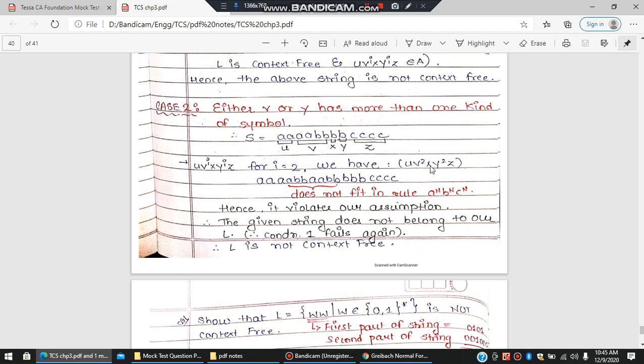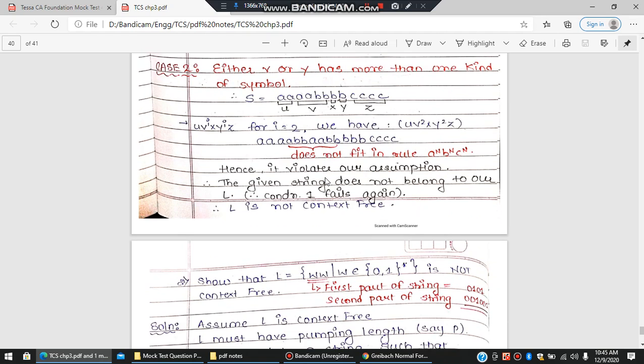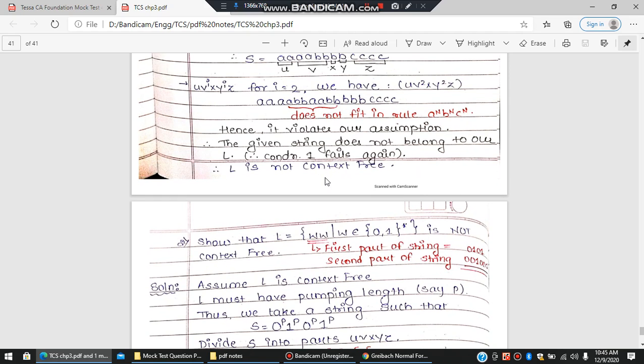I ka value hamne 2 liya hai, so writing this entire equation in that form, we see that here ABB repeats, which is not allowed because the string says it should be A's followed by B's followed by C's, having all of them in equal numbers. So this is violating the rule, which is not correct, and it is again a contradiction to our assumption. So because of these two cases, we prove that the given language is not context free.